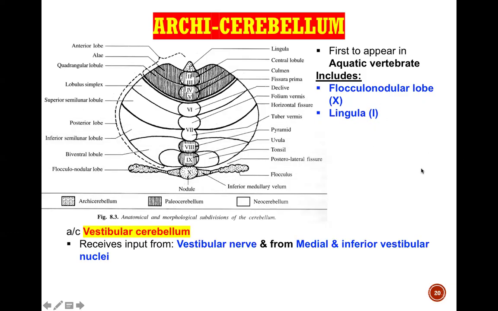The archicerebellum is also called the vestibular cerebellum. Why? Because the input coming here is actually coming from the vestibular nerve, through two nuclei, the medial and inferior vestibular nuclei.